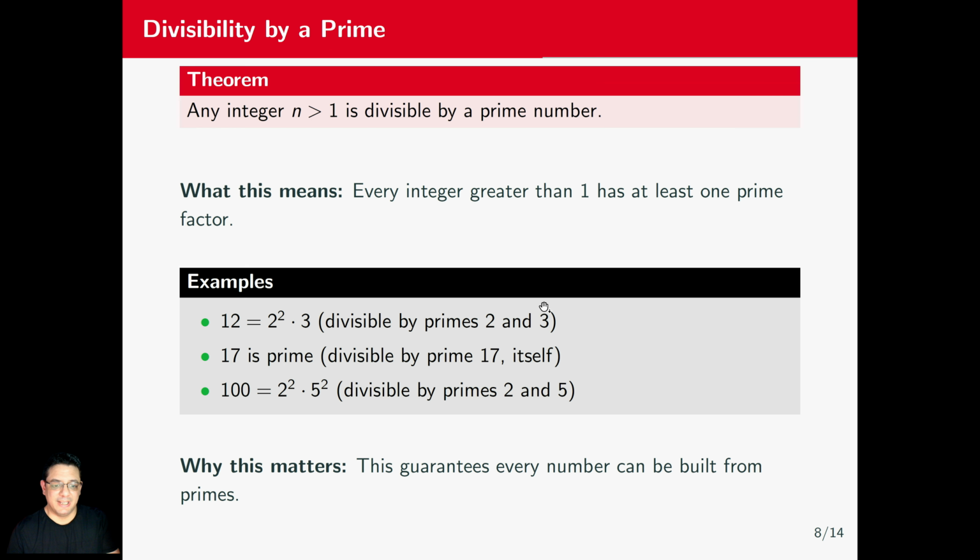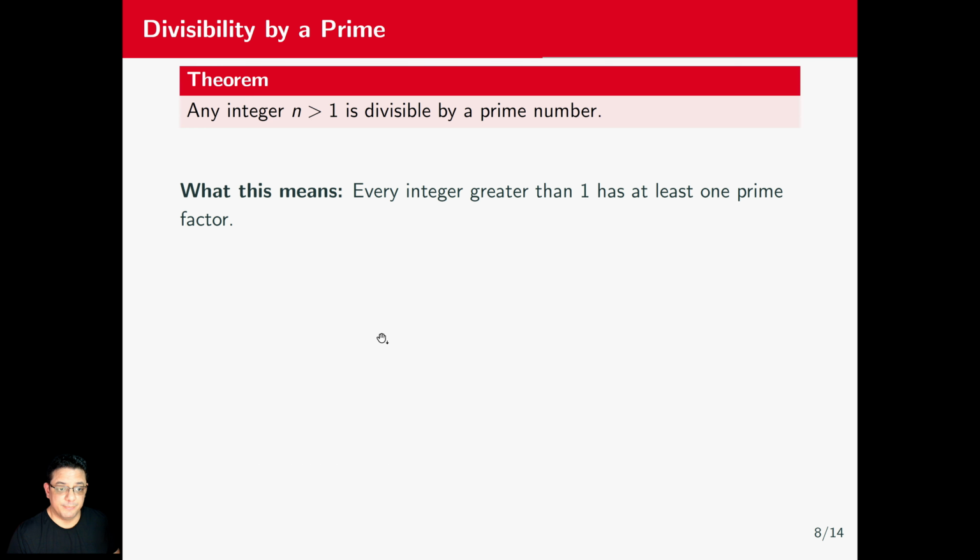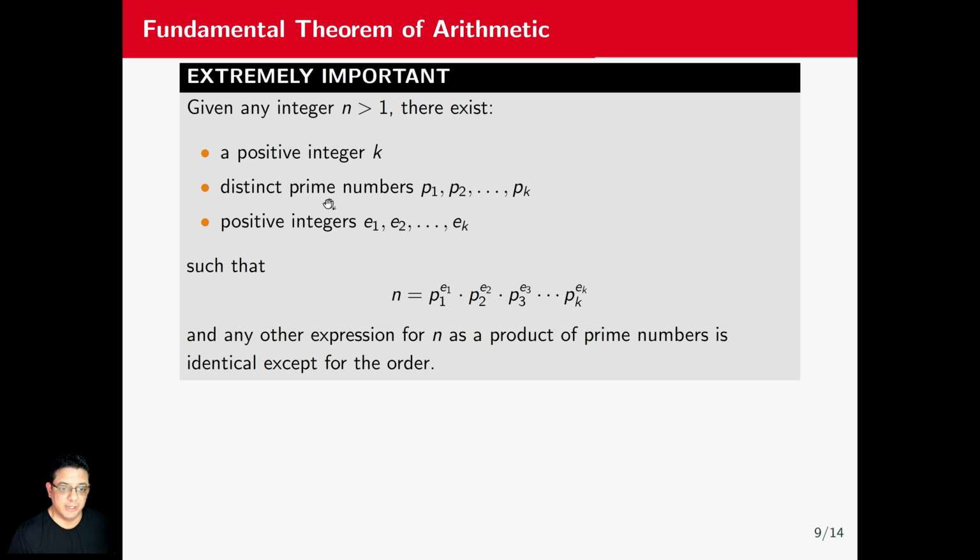So essentially, I can break down any integer into powers of primes. I have the prime number 2, prime number 5, and the power here is 2, the power here is 2. I have prime number 2 here, prime number 3, to the power of 2 and to the power of 1. So this is what we're doing here. We have distinct primes, and we have the number of powers that we're using. Okay?